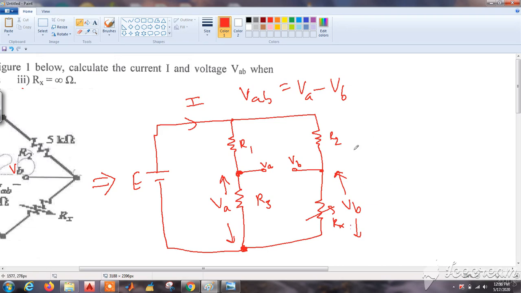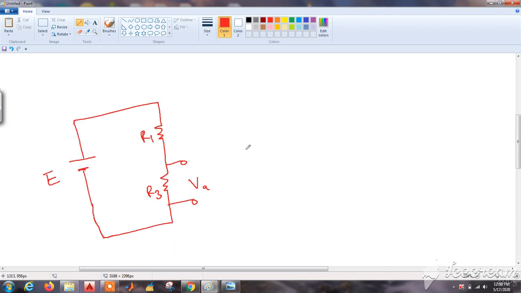Now we will apply the voltage division rule and find VA and VB. Notice that I have not included the other branch consisting of R2 and Rx, because the voltage across that branch is also E.